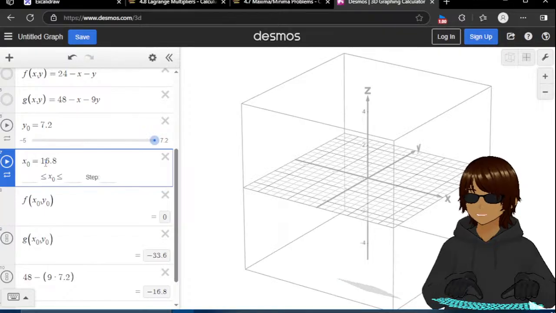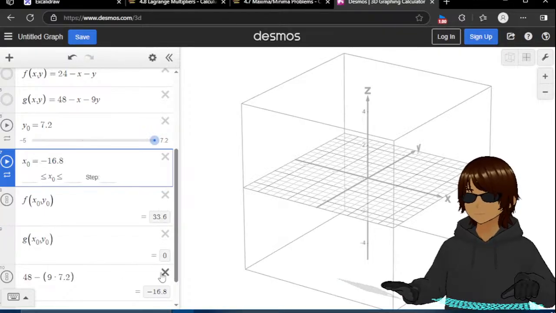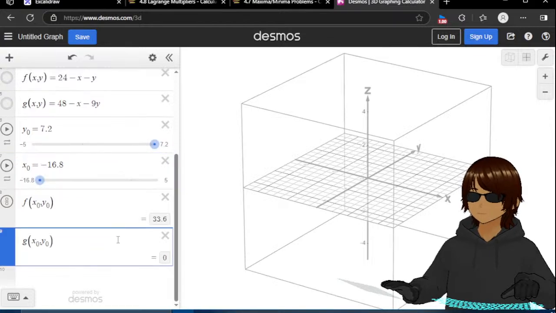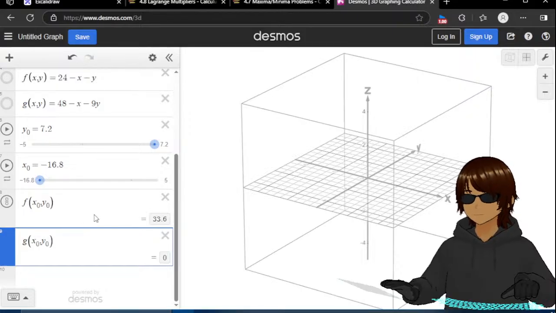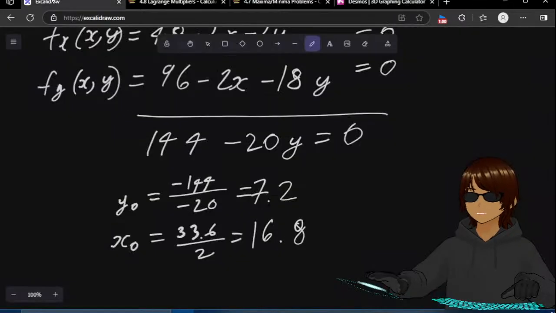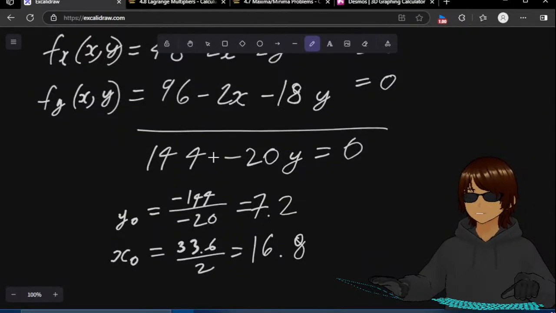X has to be this maybe. Twenty-four. I think maybe the y is wrong.